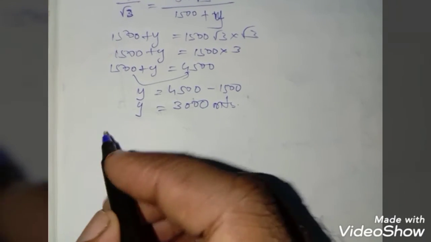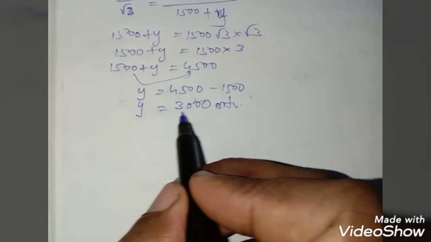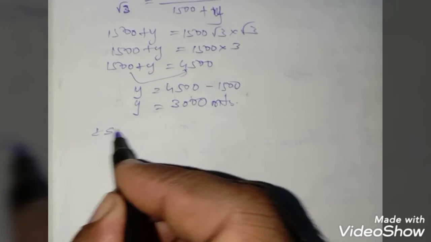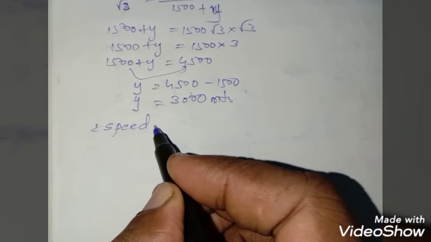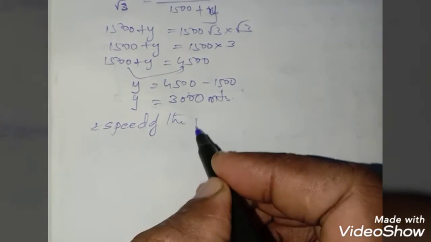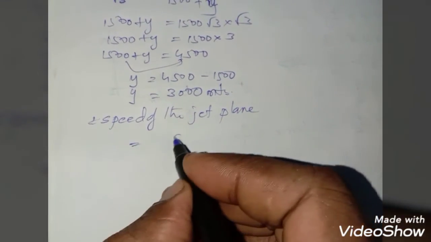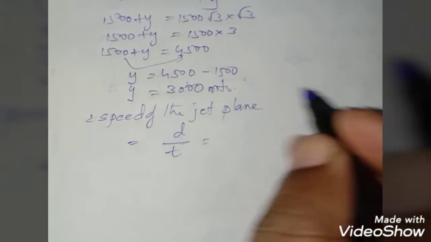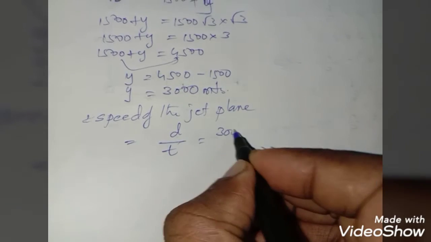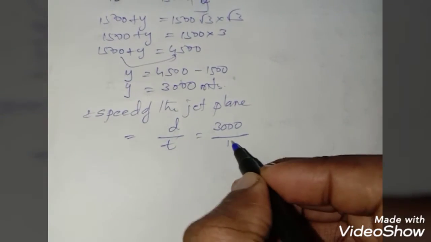So after getting the value of y, you have to find the speed of the jet plane. Here the distance is given. So the speed of the jet plane is equal to distance by time. We already have the distance, that is 3000, and time is given as 15 seconds.